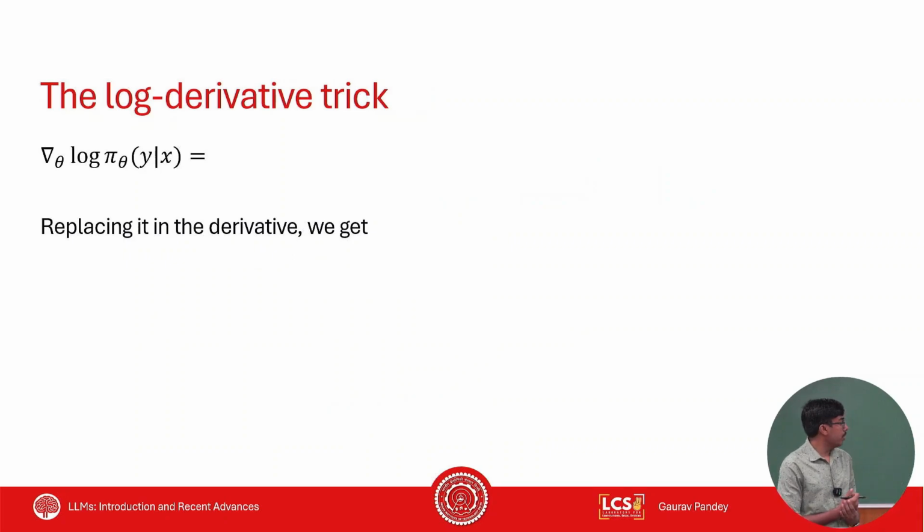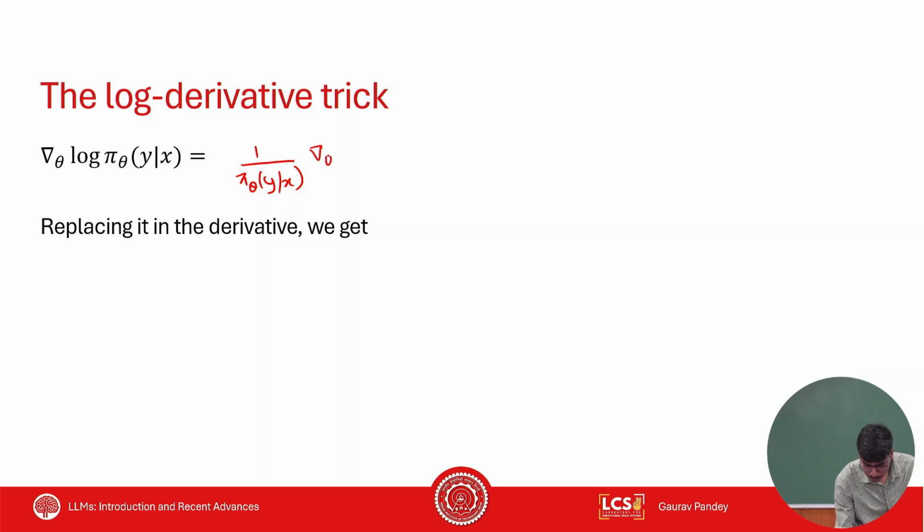So we use this trick called the log derivative trick, and it's a very small trick which basically says that if you have this term, log of policy, and somebody asks you what is the gradient, how would you write the gradient of it? 1 by policy. And what does this mean?